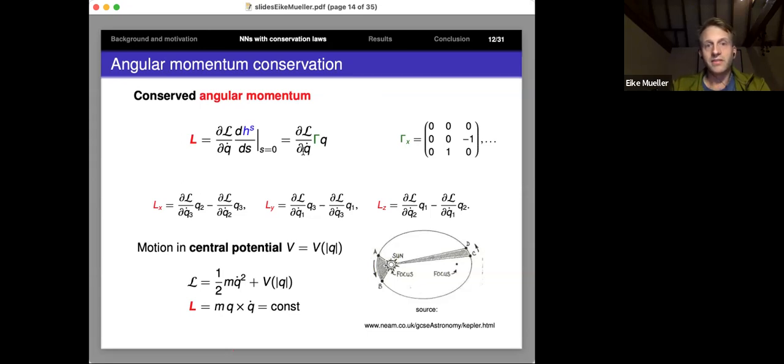In three dimensions, you can now work this out. If you plug in the expressions for the matrices from the Lie algebra, you get these three conserved quantities here. They look like this.